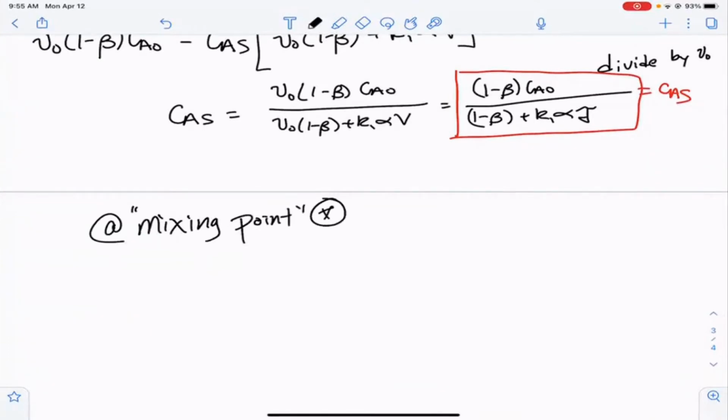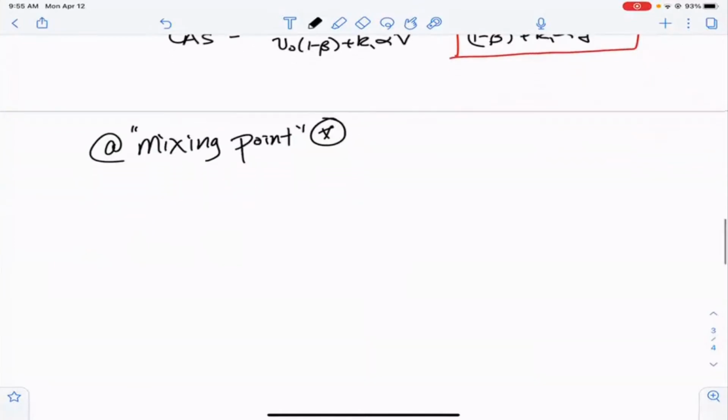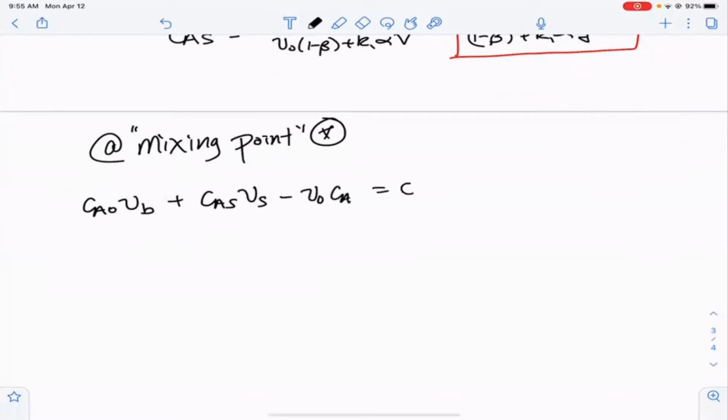we have a relatively straightforward mass balance. In minus out, there's no reaction, is equal to 0. So this just becomes CA0 times the volumetric flow rate that goes through the bypass plus CAS times the volumetric flow rate going through the reactor minus V0 times CA is equal to 0. These are the 2 streams in.